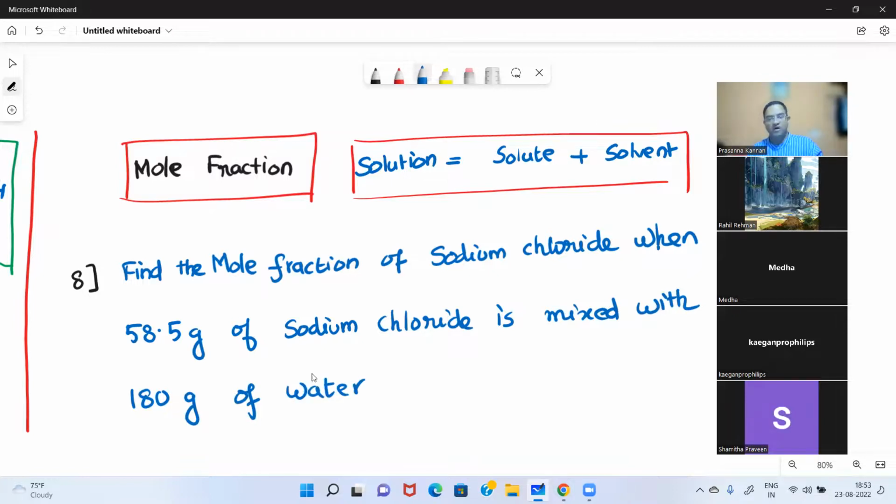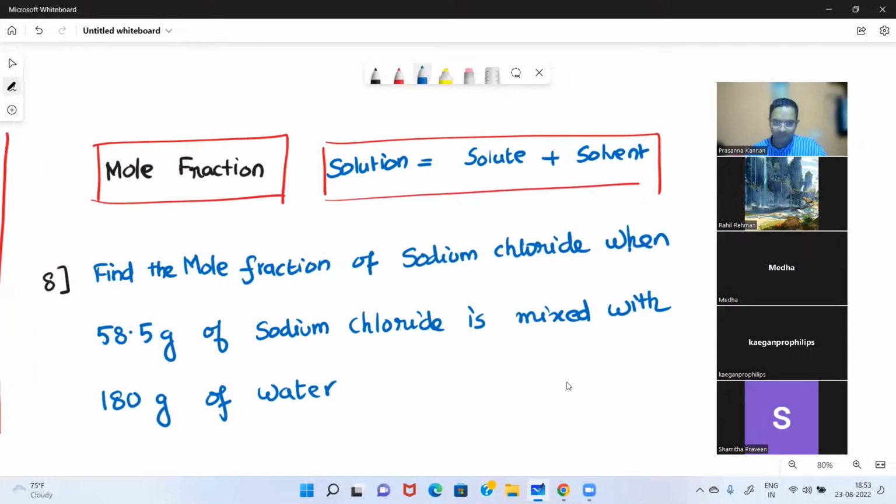Suppose this is the question. Find the mole fraction of sodium chloride when 58.5 grams of sodium chloride is mixed with 180 grams of water. Okay.